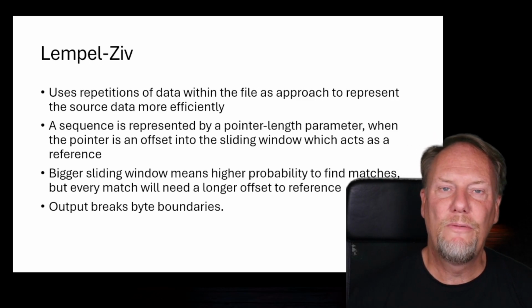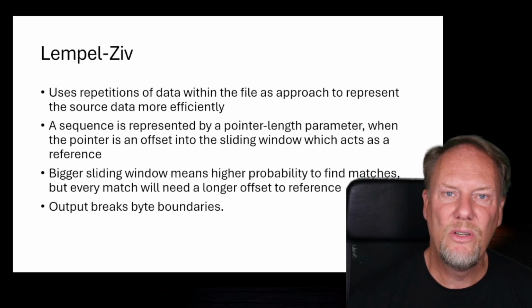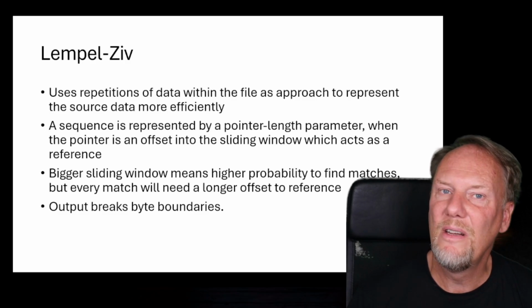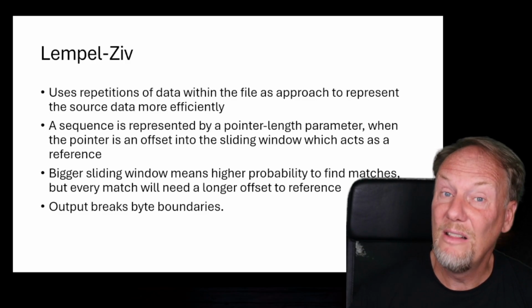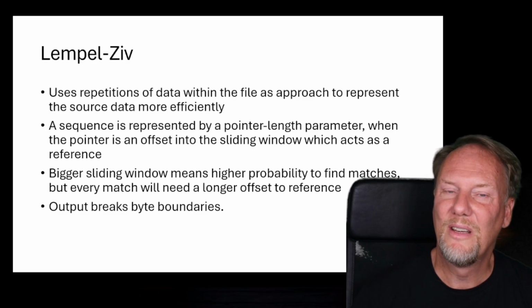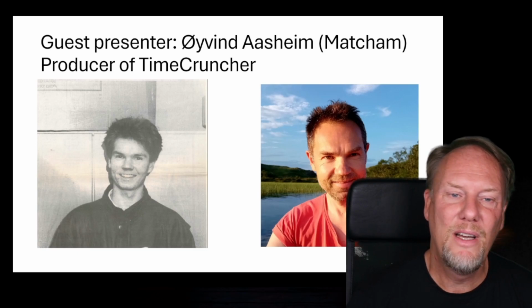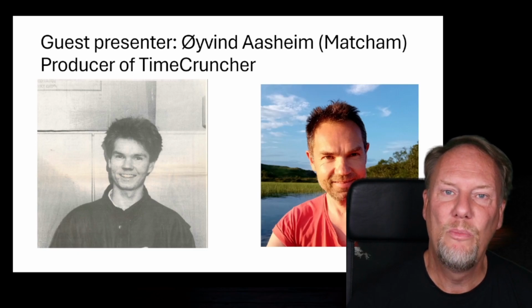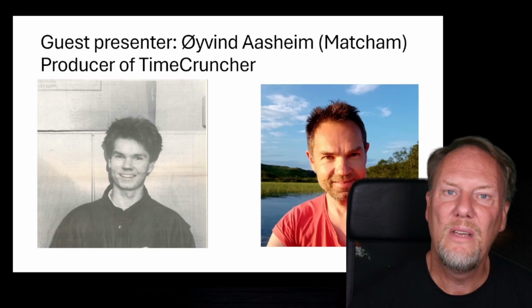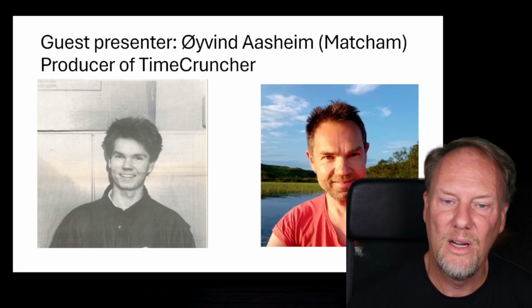But in order to find a better explanation of this, I have invited one of the ultimate experts on the topic. I've invited Øyvind Åsheim, whom you know as Matcham of Network. He's the guy that produced the Time Cruncher.